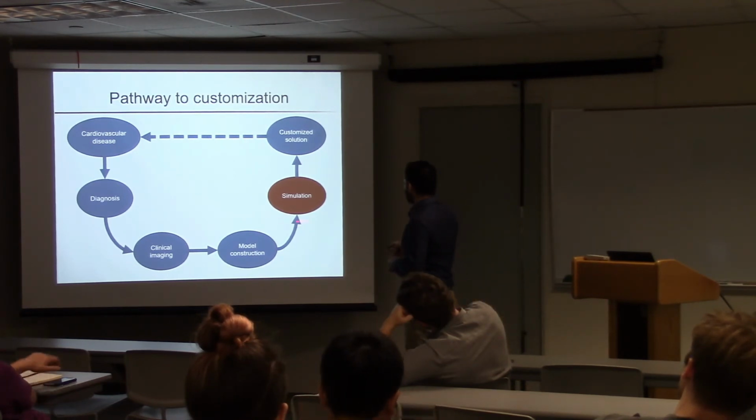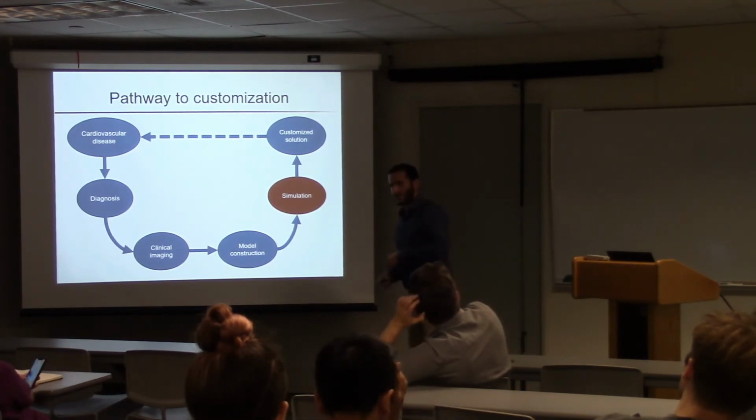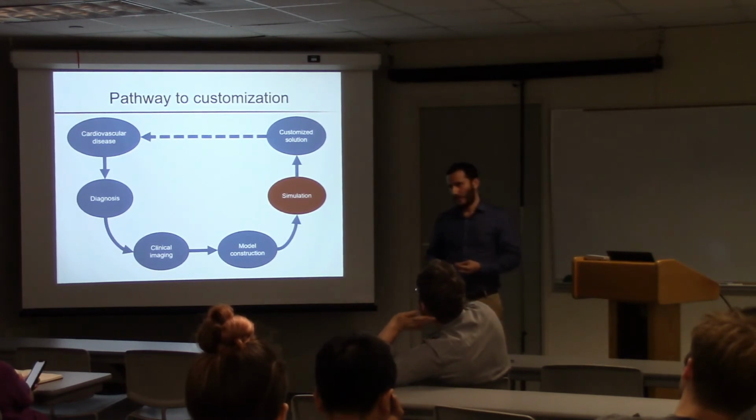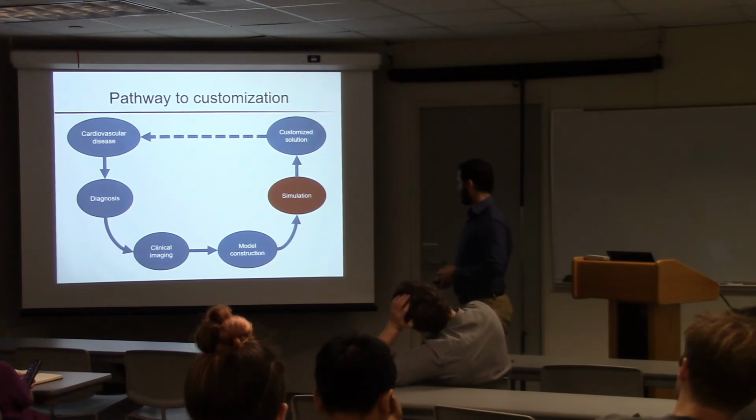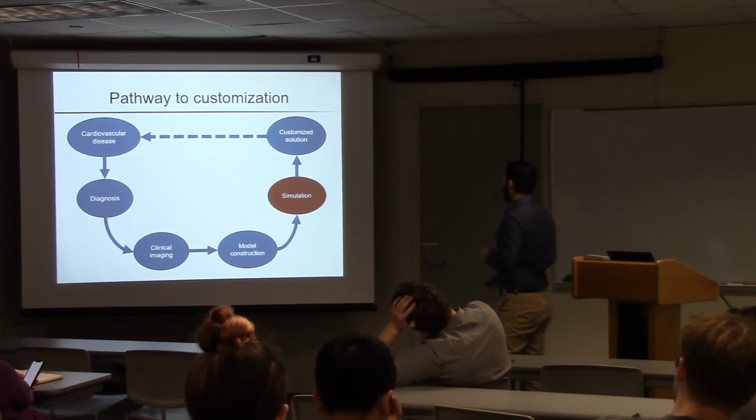And my group is specifically focusing on this component, running simulations more efficiently. I'm going to give you a couple of examples of why that's an important component in this loop.